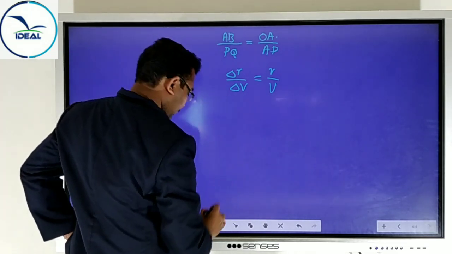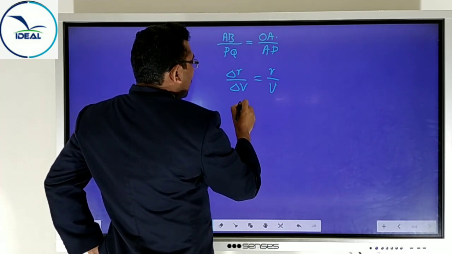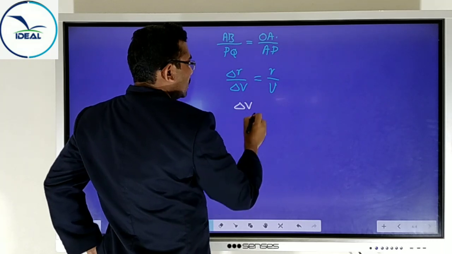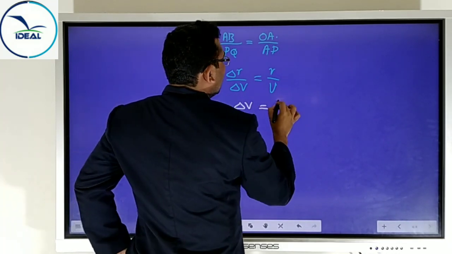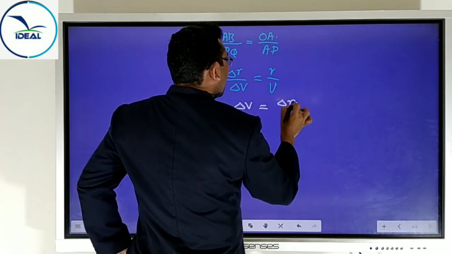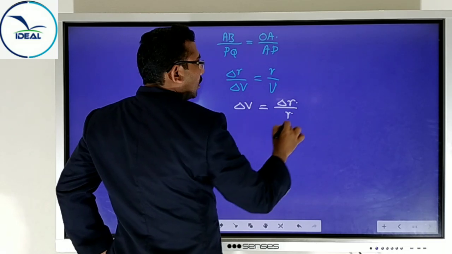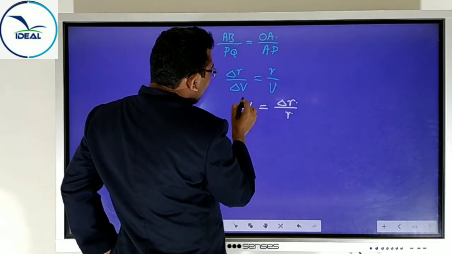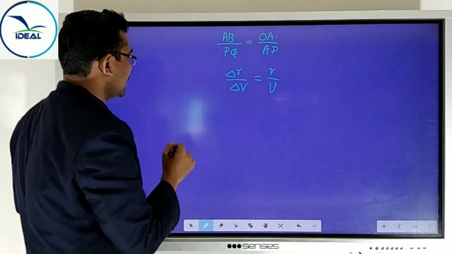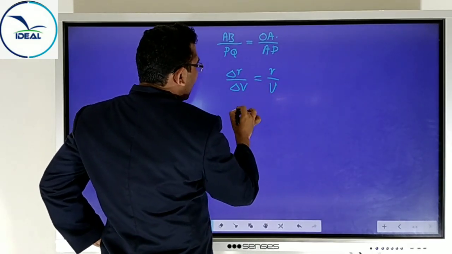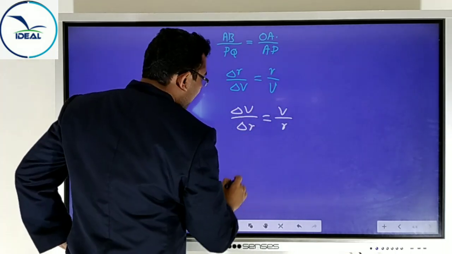Then we can write delta V by delta R equal to V by R. You may feel some confusion, so I write the reciprocal; both are the same.